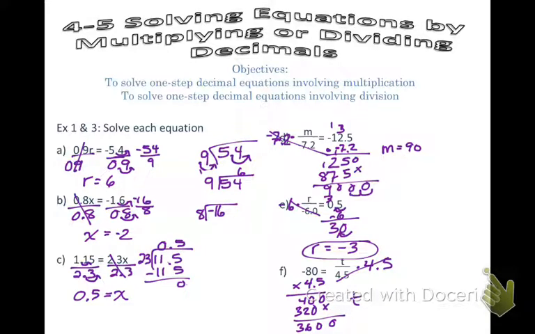I have only 1 decimal point, so it's right there. So it's 360 equals t. All right, next word problems, I think.